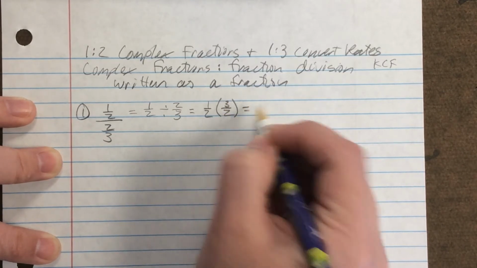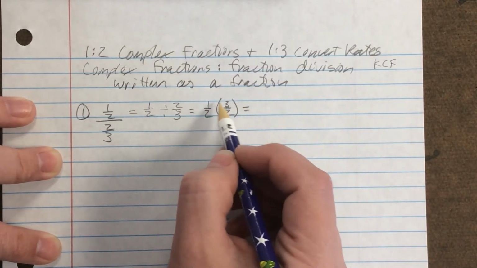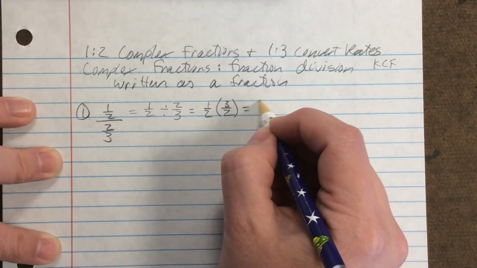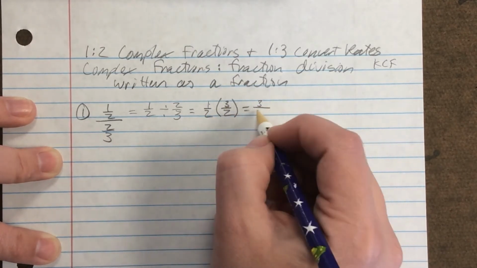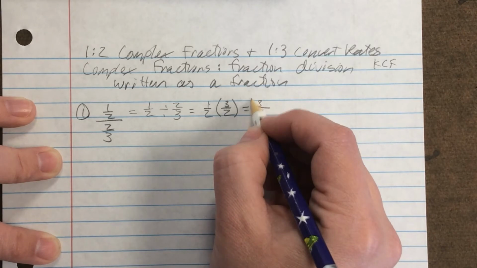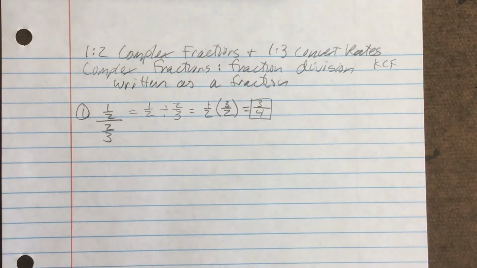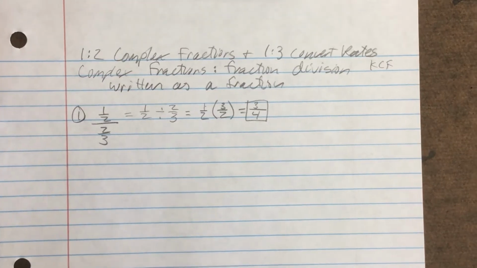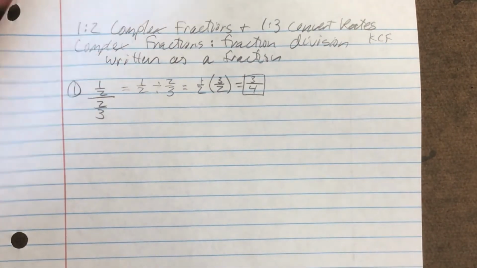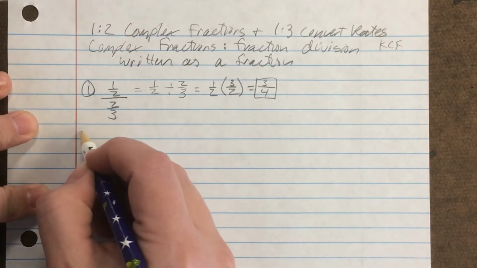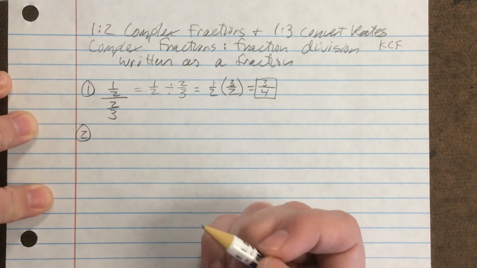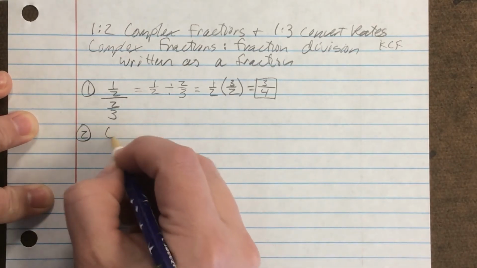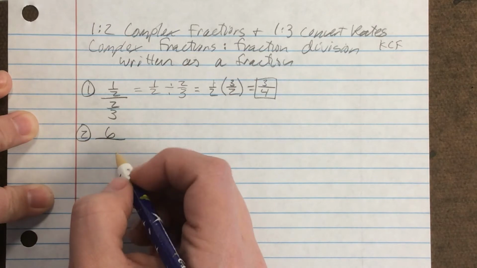Becomes 3/2. Now we do fraction multiplication, and remember that's just the top times the top and the bottom times the bottom, and we're done. Ta-da! This is why I thought we could get through a couple sections today, because I think we can. This isn't too bad.